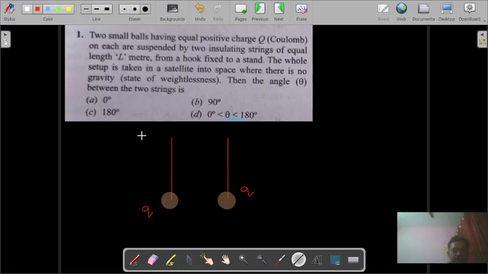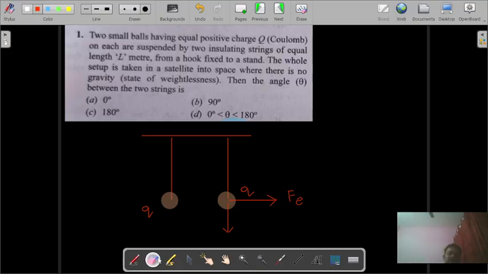On the first charge there are two forces acting: the downward weight mg and the electrostatic force of repulsion. So it will experience a net force according to the parallelogram law in the diagonal direction, and hence the two will repel each other and be shifted by a certain angle.